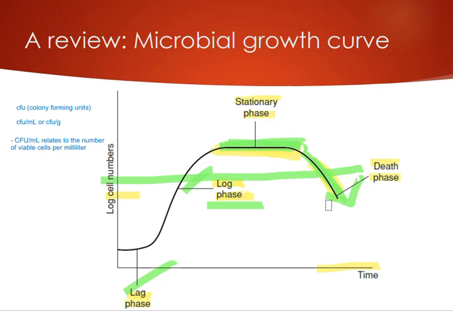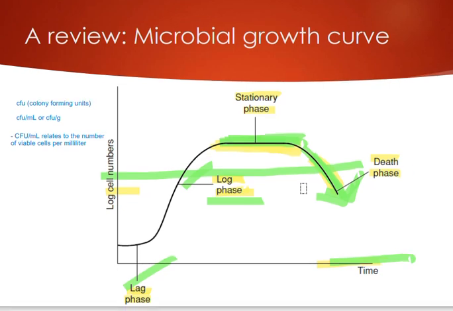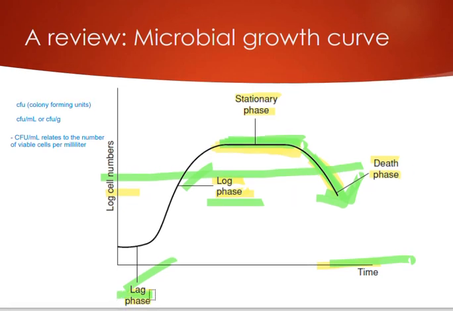So for the longer the time, the microorganisms will basically decline in number. So this is just a review of the microbial growth curve. Again, we have here your lag phase, then your log or exponential phase, and then your stationary phase, as well as the death phase.